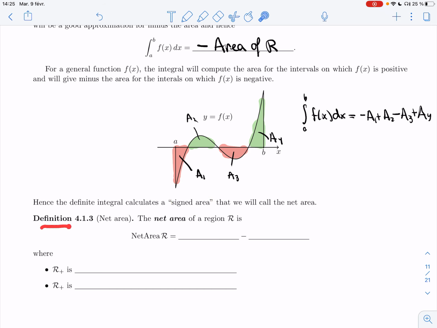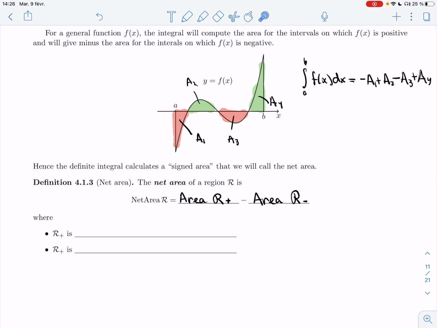All right, so here's the definition of net area. The net area of a region R is the area of part of the region that we'll call R plus, minus the area of another part of the region that will be called R minus.